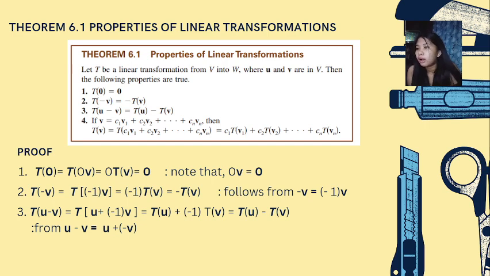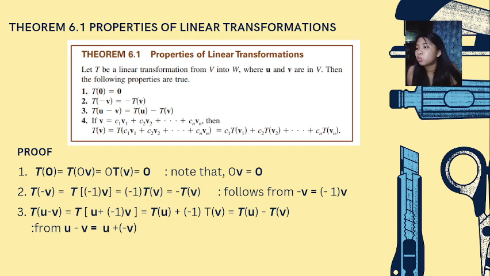So after that, that will be equal to negative linear transformation of the vector b, since we follow that the negative vector b is equal to negative 1 times b.